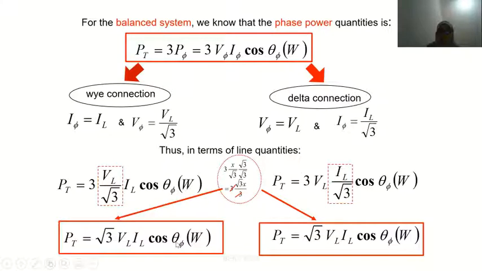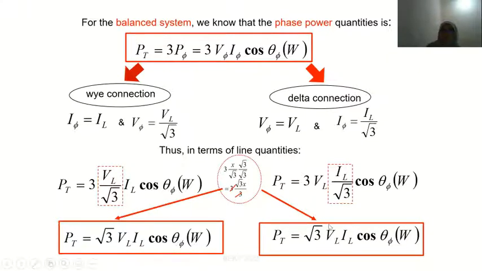This means we can use these two equations for the Y connection: P is equivalent to either 3 V phase I phase cos theta, or square root of 3 VL IL cos theta.